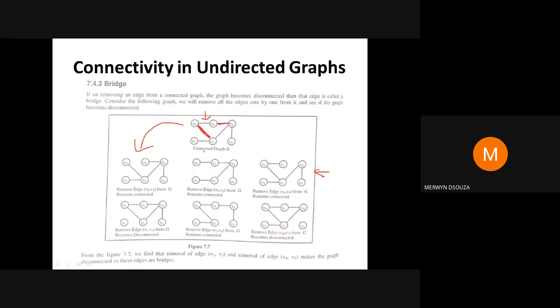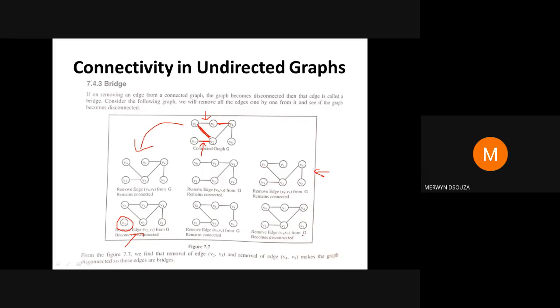You can see here, when I remove this edge, this vertex gets disconnected. So this edge will be known as a bridge. Whichever edge you remove, if that edge removal causes the disconnection, that edge will be known as a bridge.